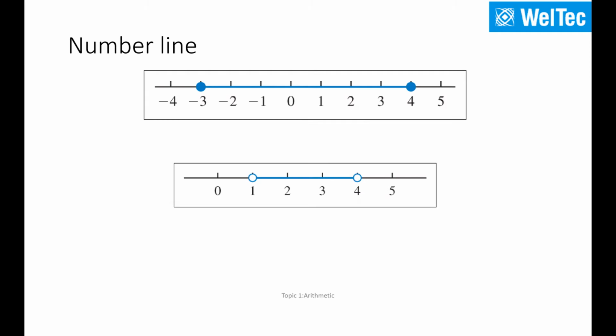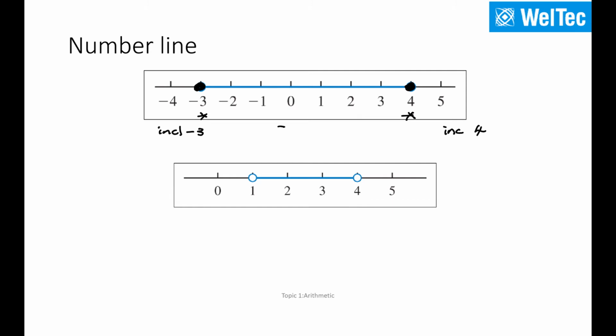We can also use a number line to talk about the part of the number line where our answer might be. Now, if we want to say that our answer might be between -3 and 4 and includes 4 and includes -3, then we can draw it on the number line with a coloured in circle there, and a coloured in circle there, and then we join those to say that our answer could be anywhere between -3 and 4, including -3 and 4.